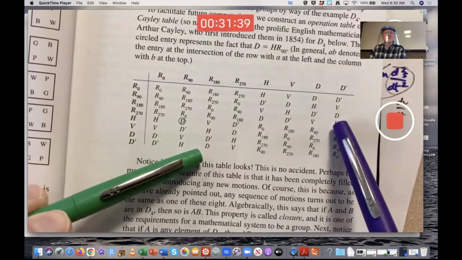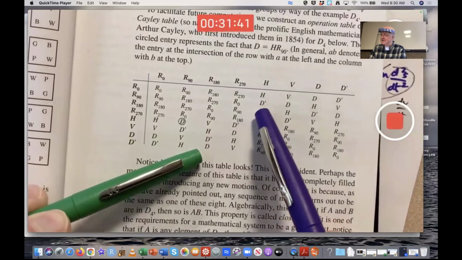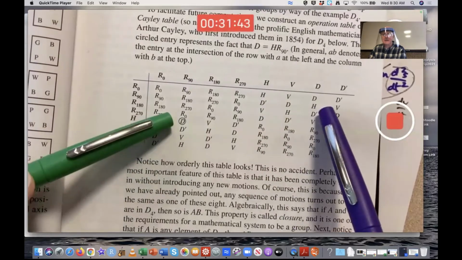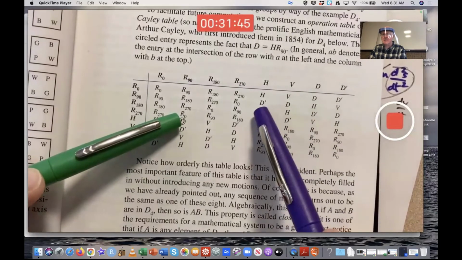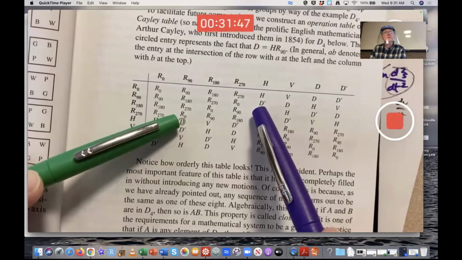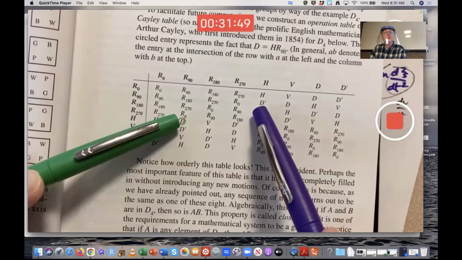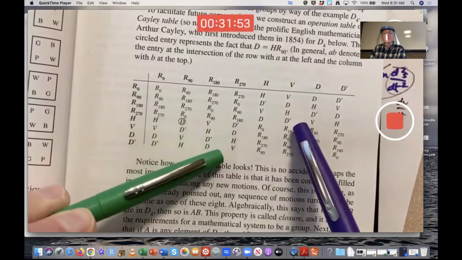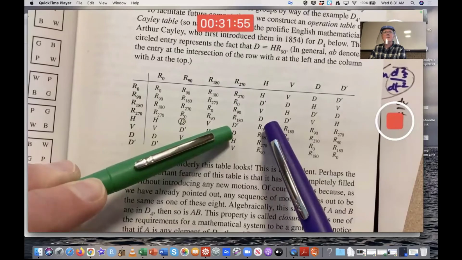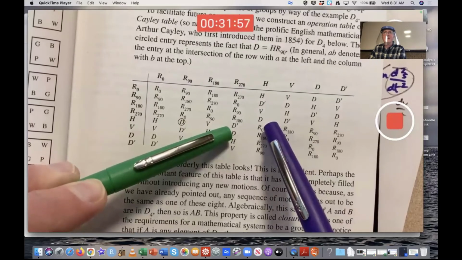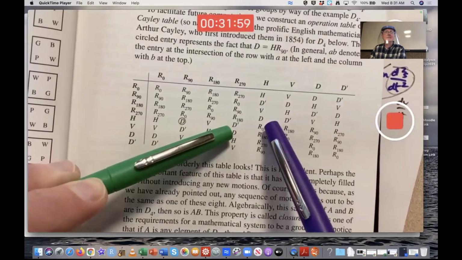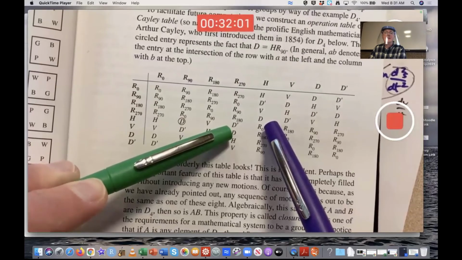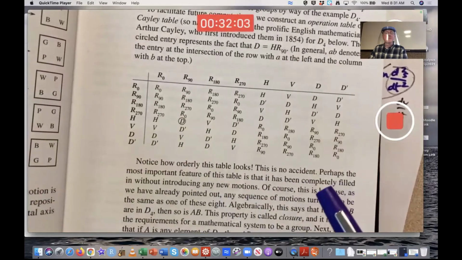R90 and R270 don't. You go across this row here and this column here, you do not get a match. D and D prime, for example, don't match. And same kind of thing with R270, this row and this column here. So R90 and R270 are not in the center. R180 is. R0 certainly is. None of the flips are in the center.